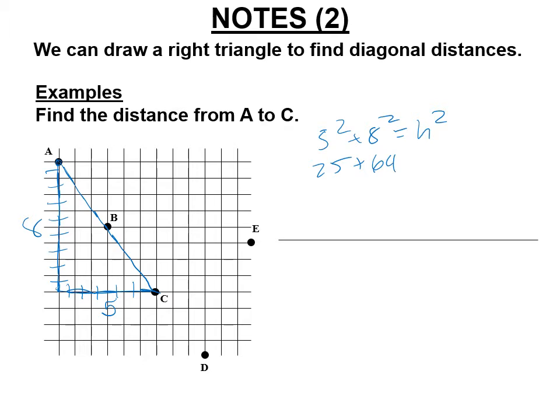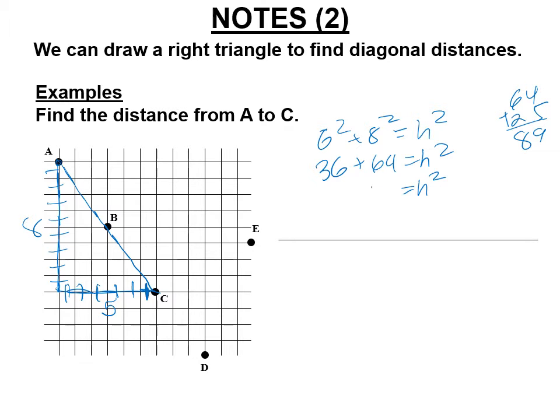25 plus 64 equals h squared. 64 plus 25 is 89. 89 equals h squared. I don't think I counted this right. It's 6, right? I didn't. See, this is why, because I knew I wasn't going to start off with one that came out irrational. So 36 plus 64, yeah, because it's 1, 2, 3, 4, 5, 6 long.